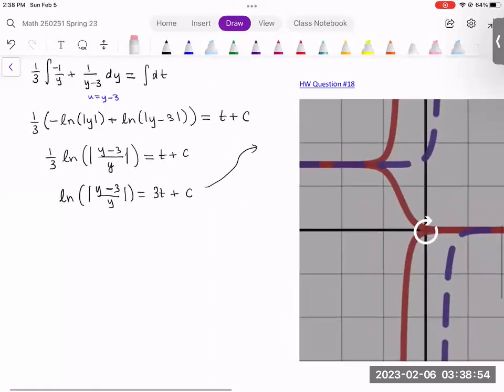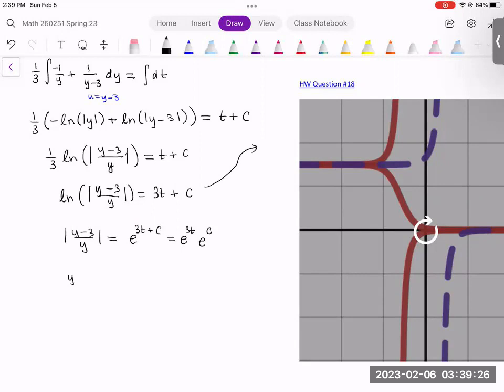We can solve for y here. We're going to exponentiate both sides. That's going to undo the logarithm over here, and we have absolute value of y minus 3 over y equals e to the 3t plus c, which is e to the 3t e to the c. So keep in mind, e to the c can be any positive value, and we've taken absolute values.